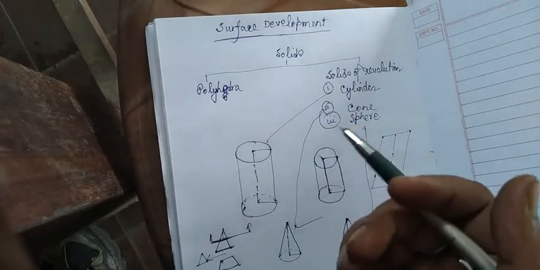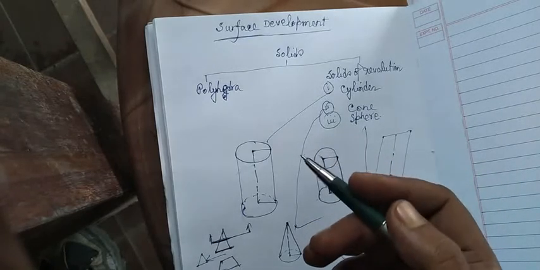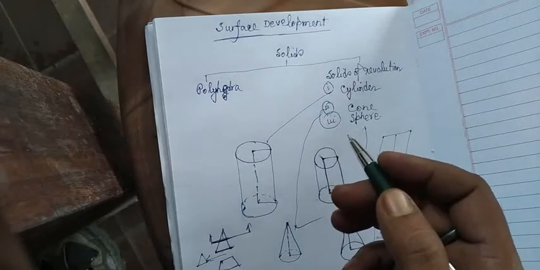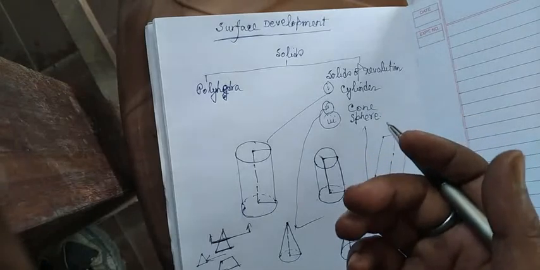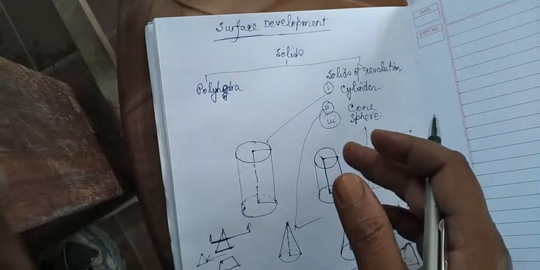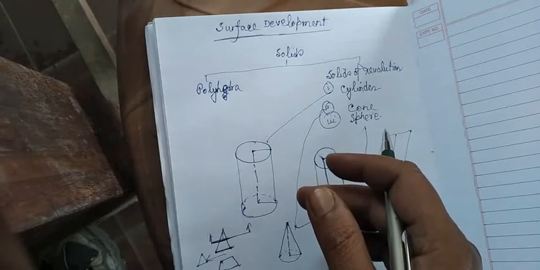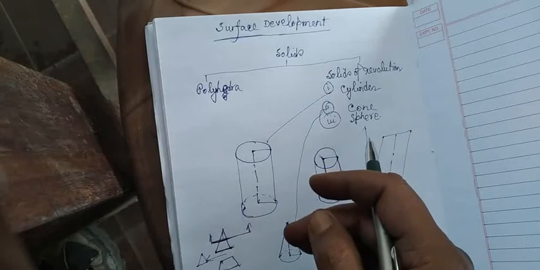What is the development of surfaces? If the surfaces of an object are opened out and laid on a flat plane, it is called the development of the surfaces of that object.